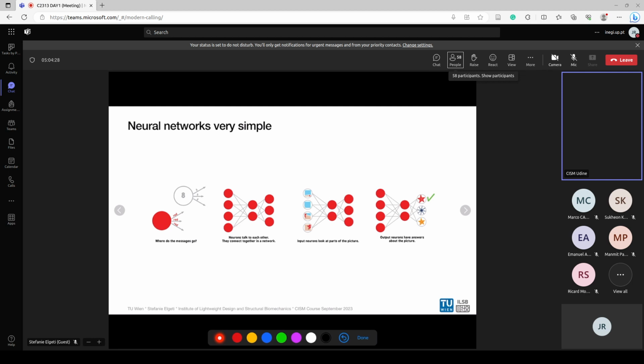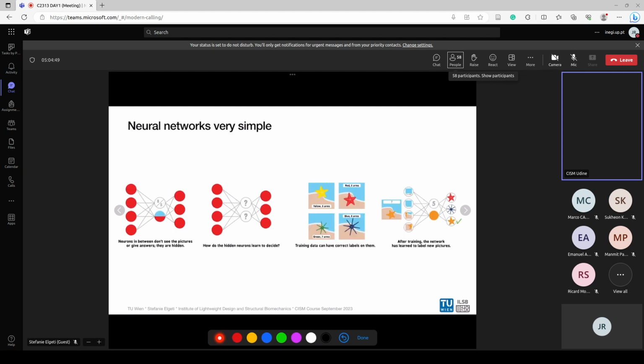So then we have so-called input neurons that each see a part of the picture, and they give some information of this particular part that they see to other neurons. And then they process the information, and output neurons then give an answer about the picture. For example, both of these hidden neurons are connected to all input neurons.